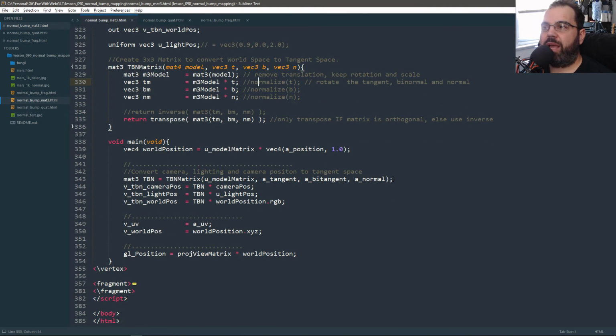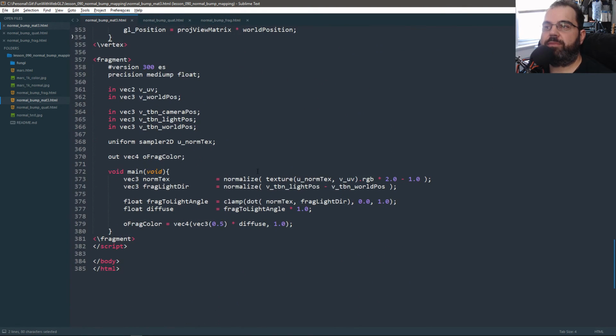So yeah, once we have our transformation, we multiply our camera position, our light position, and our world position gets all translated into tangent space, and all of that gets sent into our fragment shader, and we pull out our normal.